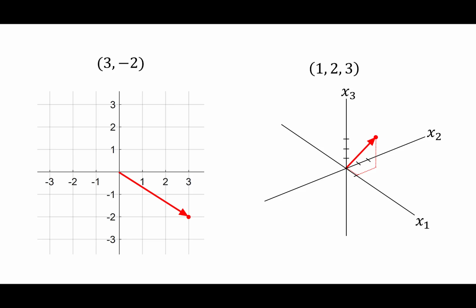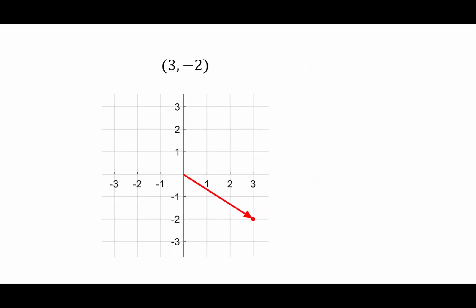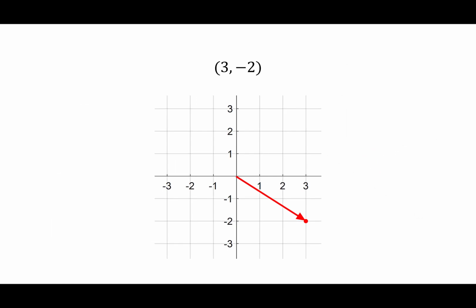Let's focus on the 3, negative 2 vector now. All right, and let's introduce another vector and call it v. And I'll plot that, right? The vector v is 0, 1. So that's plotted there. And what we can do is define addition on vectors, and we're just adding corresponding entries. Right? So if you add u and v together, you get 3, negative 1 by adding those corresponding entries.